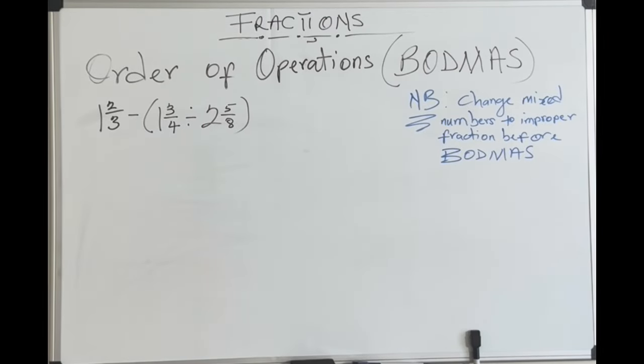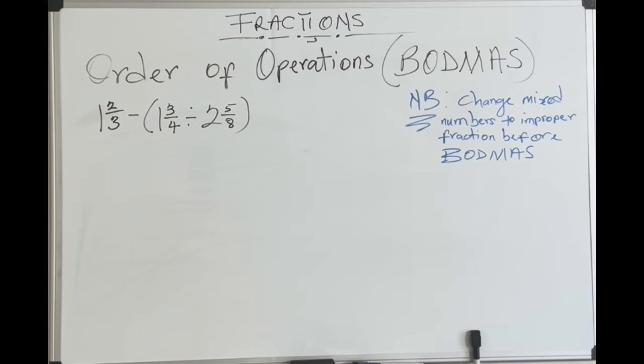So whenever you have a problem like we have on the board, 1 whole number 2 over 3 minus, in brackets or parentheses, 1 whole number 3 over 4 divided by 2 whole number 5 over 8, parentheses close, we need to follow BODMAS. First we deal with the B, which is the brackets or parentheses, and then O is "of." Of also means multiplication. Then we deal with division, multiplication, addition, and then subtraction.